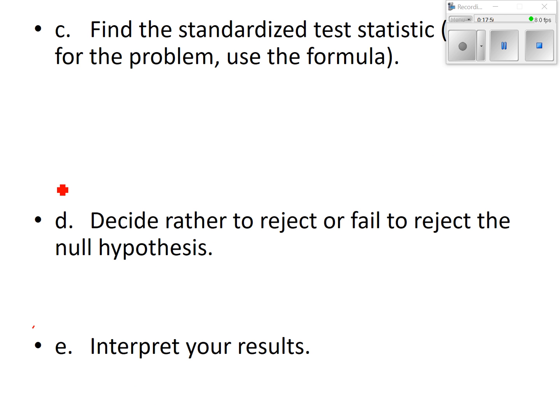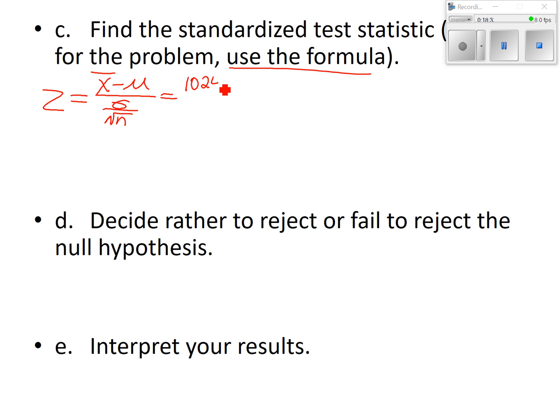Next, find a standardized test statistic. This is using the formula. Boy, that was nice of me to write in there, use the formula. This time we're looking for our z. Our formula is right here: x bar minus mu, divided by sigma divided by the square root of n. What was x bar? Since you've got the paper there, you can look back up. 10,240.